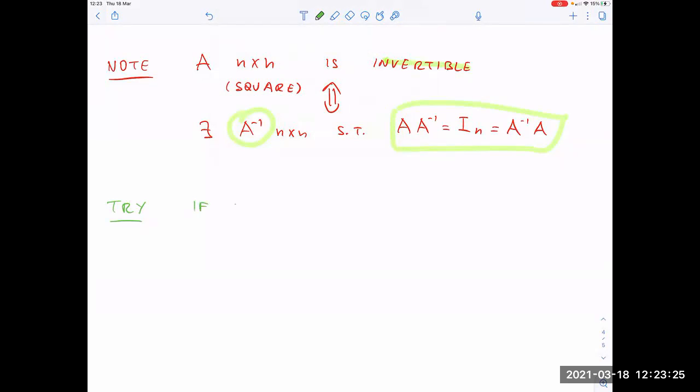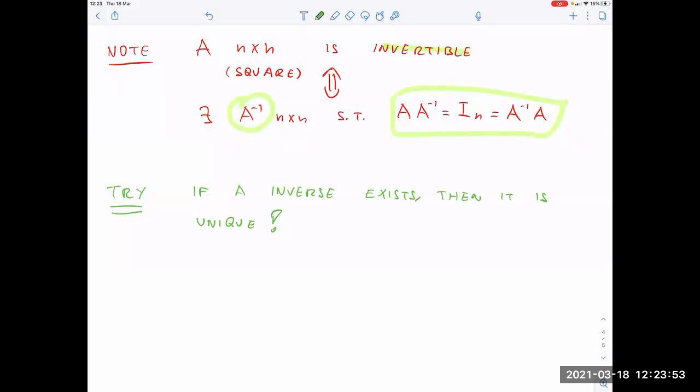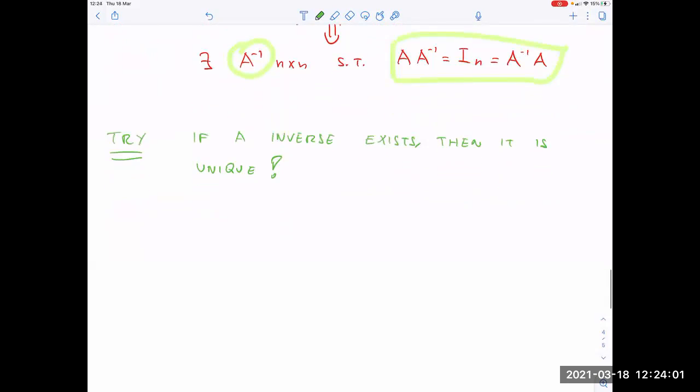If A inverse exists, then it is unique, and so we can speak about the inverse. Try yourself with this, and then you let me know if you manage. Now let's follow the general argument. Try it in your idle time, and then we'll see.